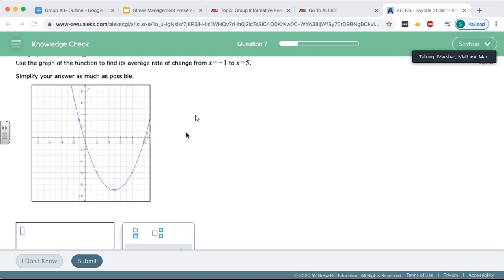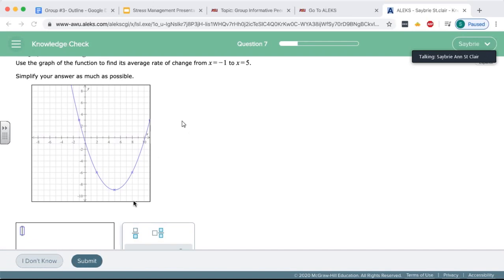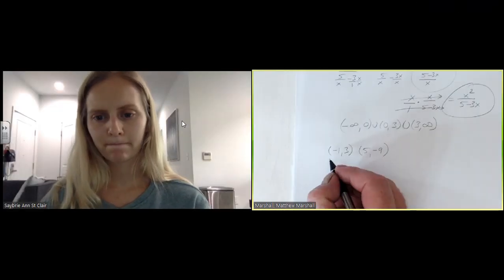And the point for 5 looks like 5 for x, -9 for y. Alright, got it. Okay, so those are the coordinates I spoke out there.